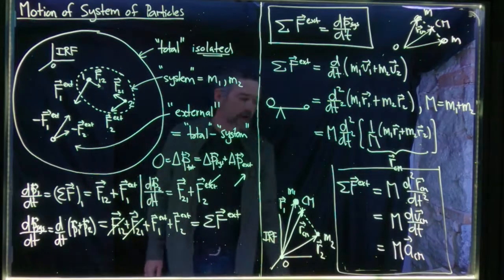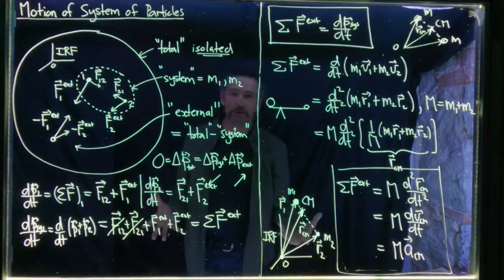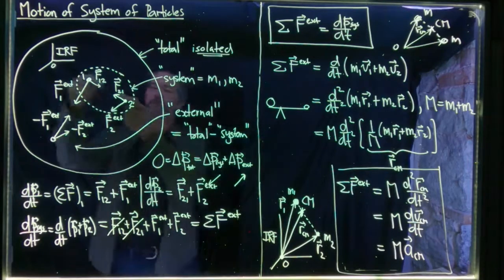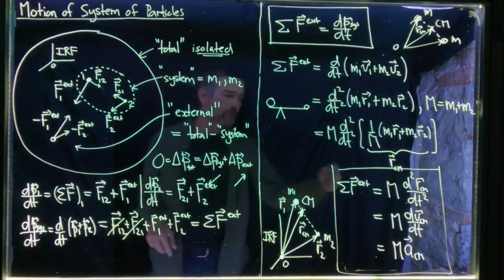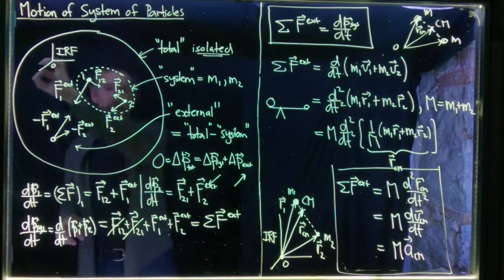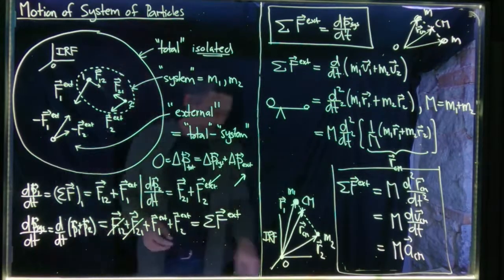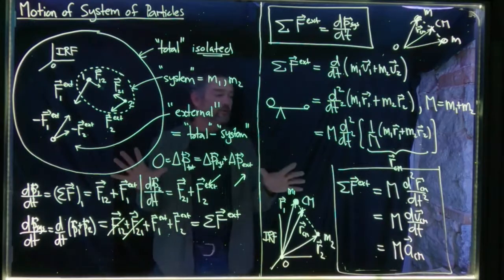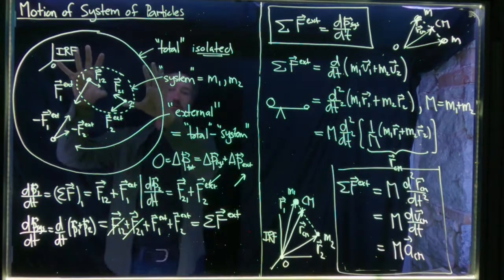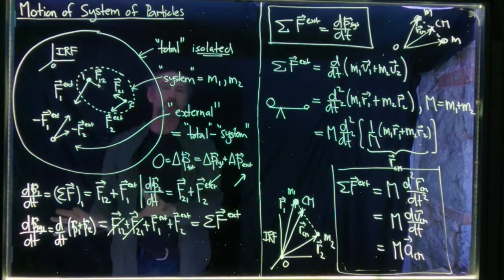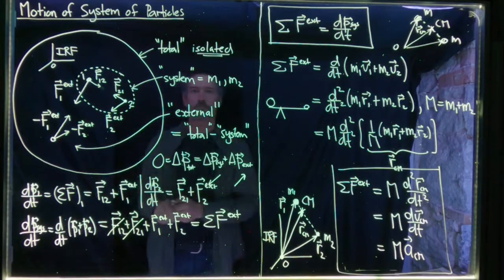Okay? And the important thing here to notice is that the internal forces play no role at all. They cancel out here. It's only the external forces that affect the motion of the center of mass point. Okay, so that's great. So let me sort of illustrate this important result in the context of this example, Earth-Moon system. I'll flesh that out a little bit, and then I'll consider another example.